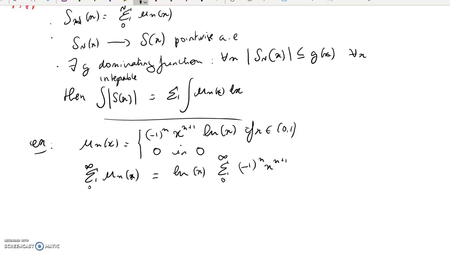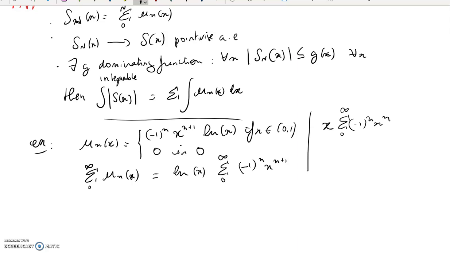At that point, it should remind you of something. What is that series? Well, we can factor out x again. The sum of (-1) to the n x to the n from 0 to infinity.